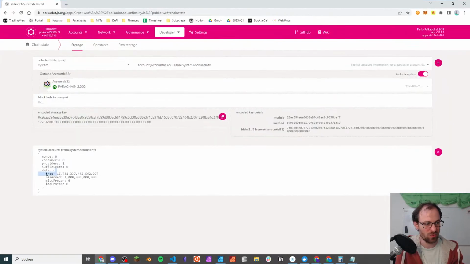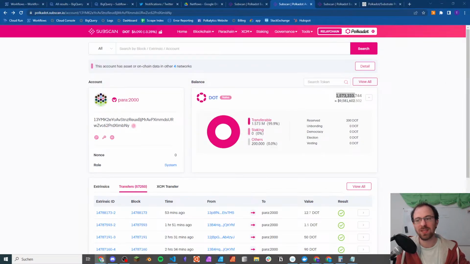And if you compare it with what you get from the RPC, it's 1.573 million DOT, right? So the first 10 digits are after the decimal point, and then you have 1.573 million DOT. So you get the state of the account at a certain time.